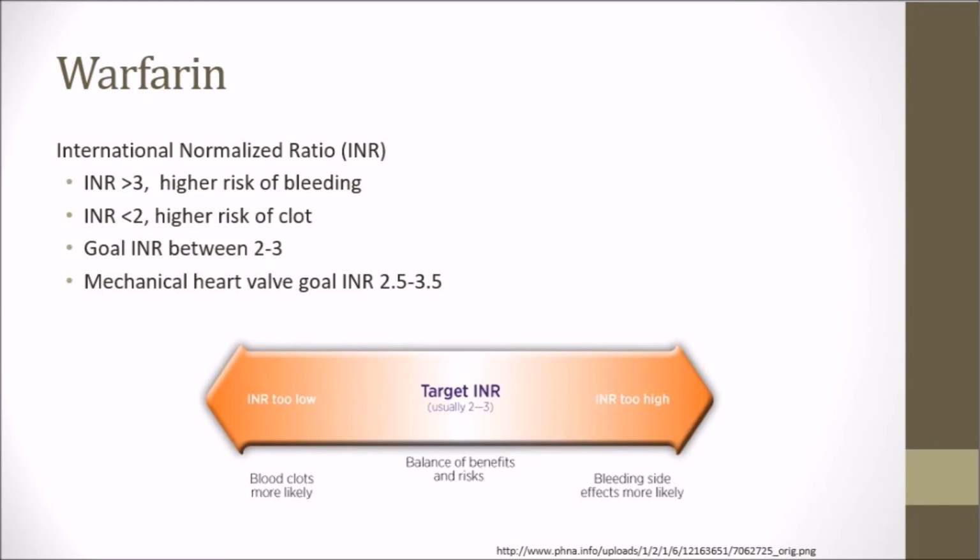Their goal is going to be a little bit higher at 2.5 to 3.5. The higher your INR gets, the more likely you are to bleed. The lower your INR is, the more likely the person is to have clotting. So, it's very important to keep that balance right there in the middle between bleeding and clotting.